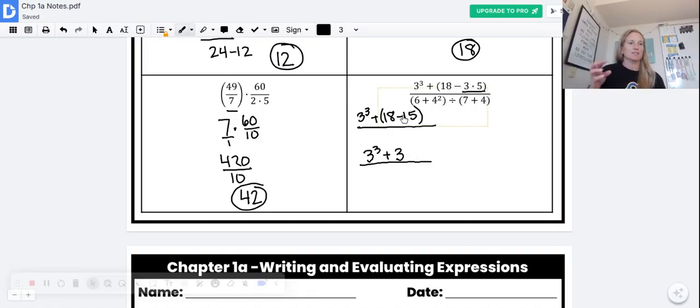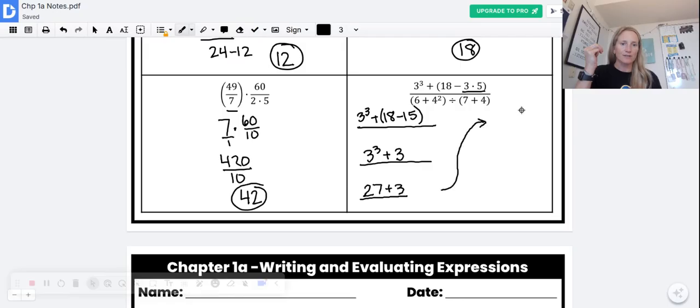And now that I have just a single number left, I don't need the parentheses anymore. Next would be the exponents. So 3 to the third means 3 times 3 times 3, which gives me 27. And then lastly, we're going to continue over here. I can add those two together to get a numerator of 30.